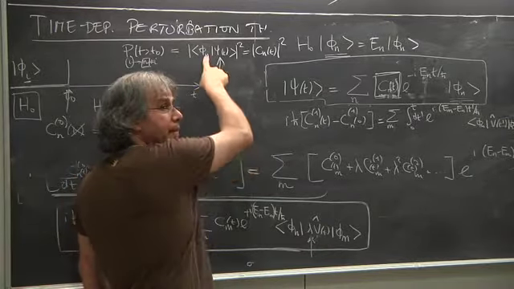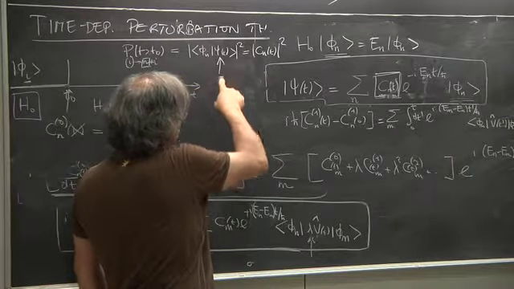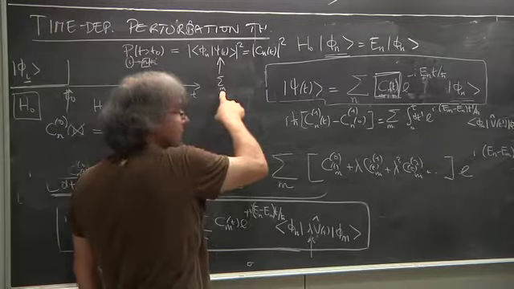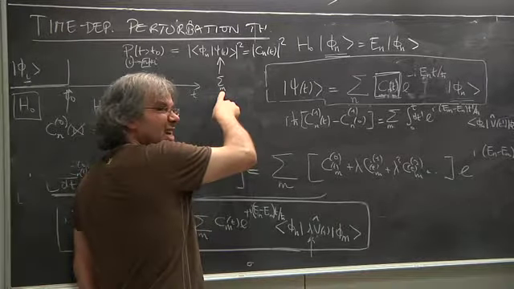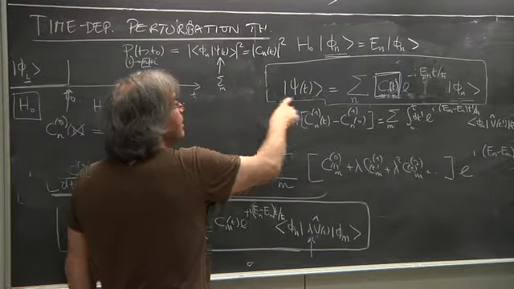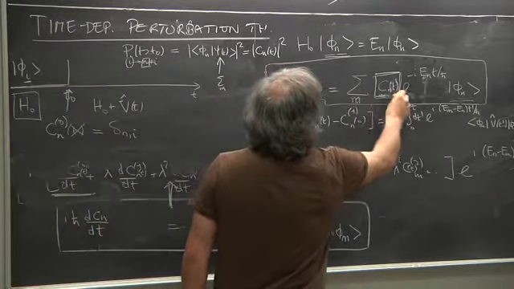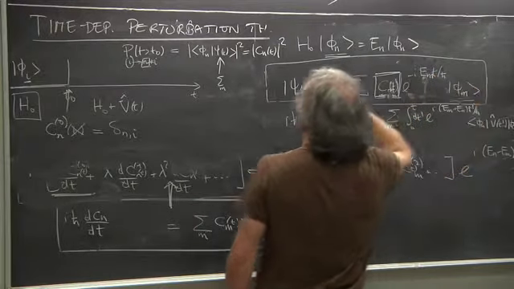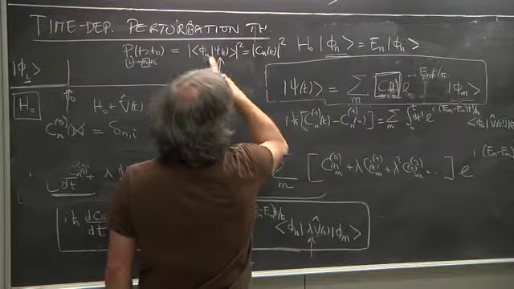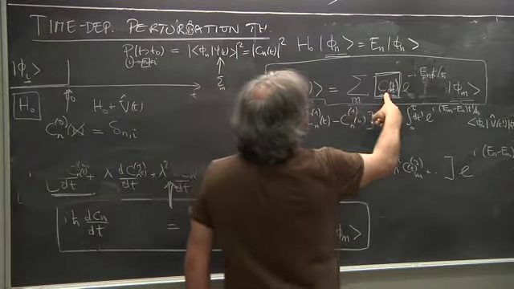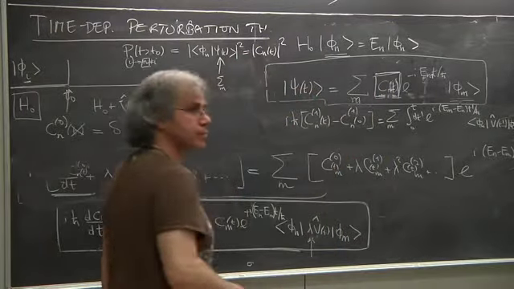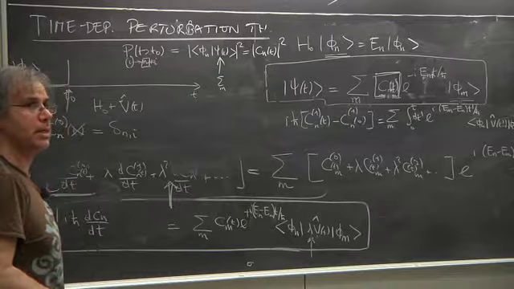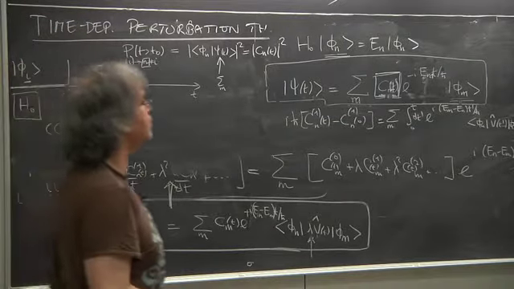So out of the sum, only the term with n equal to m survives. Psi is a sum. Sum over m. Let me write it like this. But then I project on n, and this leaves me only one piece, Cn. Is the answer clear? Okay.